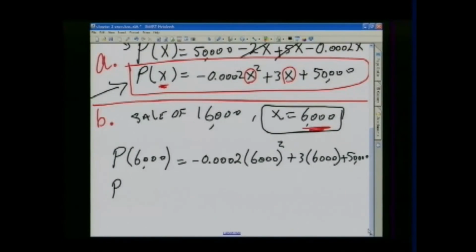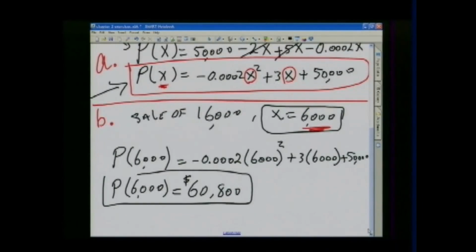If you go ahead and use your calculator and calculate the profit here, it would end up being $60,800. So if the sale is 16,000 bottles, the profit would be $60,800.